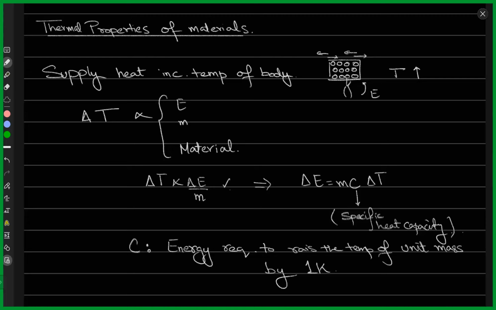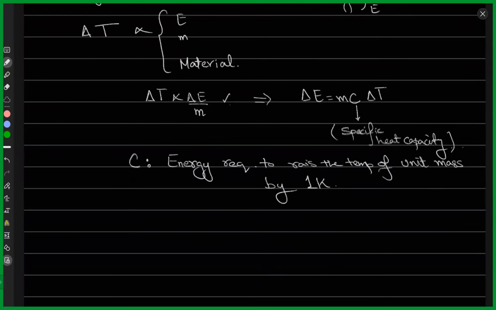If you're talking in terms of degrees Celsius, then you'd say by 1 degree Celsius. So you would define the specific heat capacity according to the temperature scale that you're using. So that's important, right? So that's the equation for specific heat capacity, really. It is again delta E is equal to m c delta T.